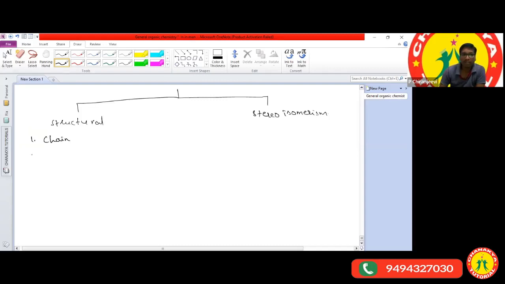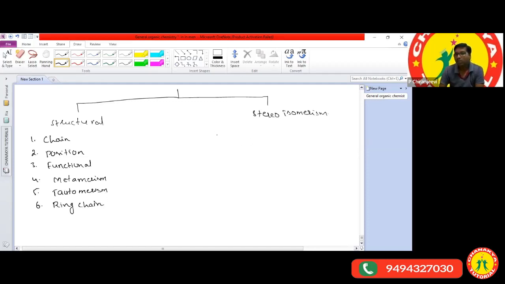Second is position isomerism, third is functional isomerism, fourth is metamerism, fifth is tautomerism, and sixth is ring chain isomerism.